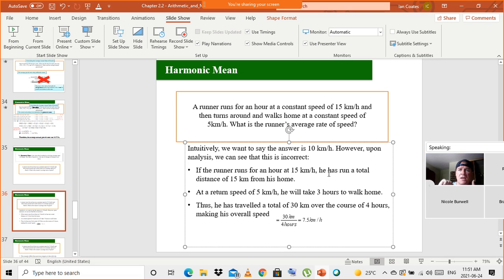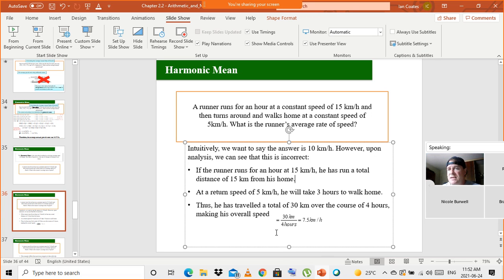So that's 15 and 15, 30 kilometers is my total trip. It took 1 hour to get there, 3 hours to get back. So that's 4 hours total. So easy peasy, 30 divided by 4 gives me 7.5 kilometers per hour. And that is the correct answer.